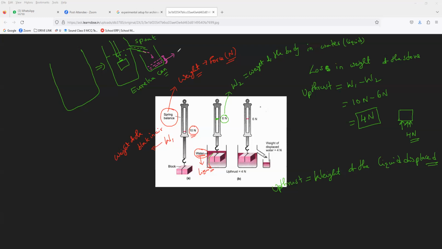Now, if I measure this, we call it the displaced liquid. What do we call it, everybody? Displaced liquid.